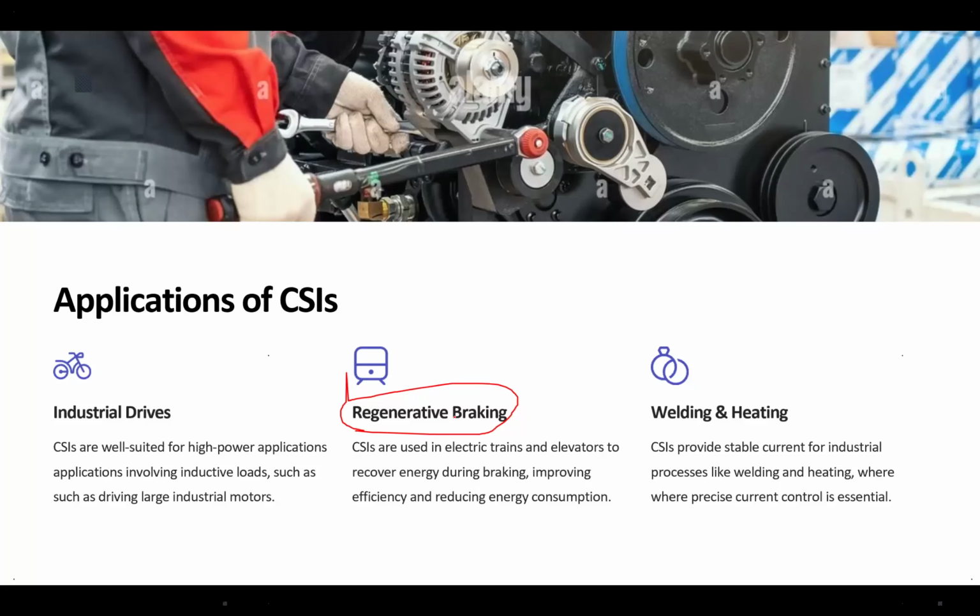What I'm saying is that for regenerative braking, the best inverter is CSI, the current source inverter. Why? Because in regenerative braking, the input, that kinetic energy that we want to prevent losing and use as a source, is in the nature of current, not voltage.